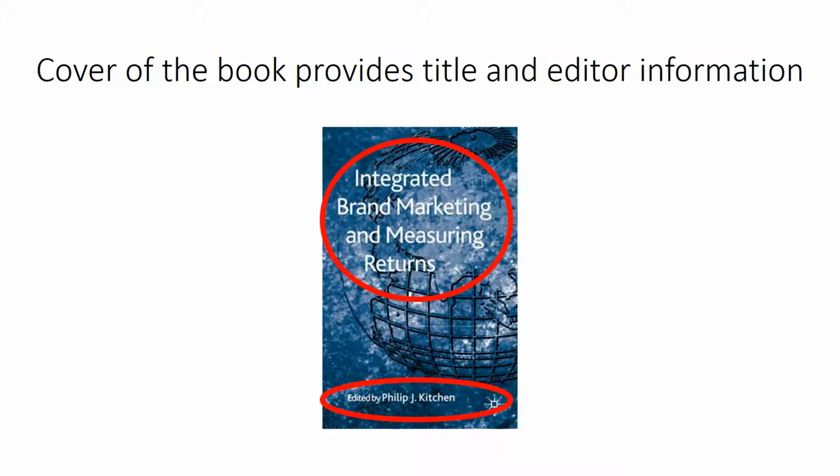Often the editor is also an author of a chapter, but in this sense, when we have a series of chapters, each of them written by a different author, the role of the editor is to organise all of those different people to write in their specialised area their individual chapters.